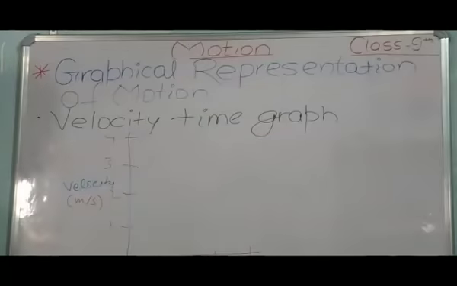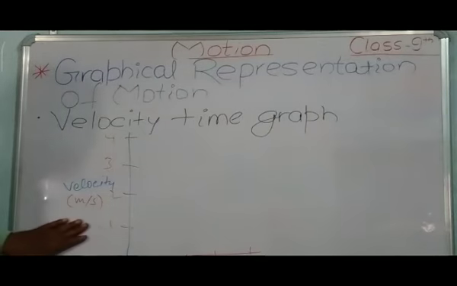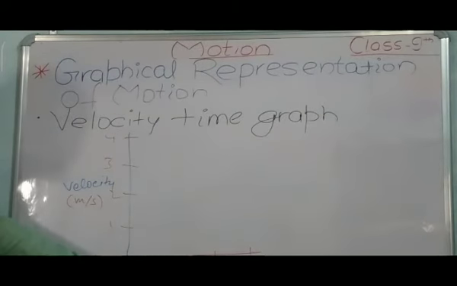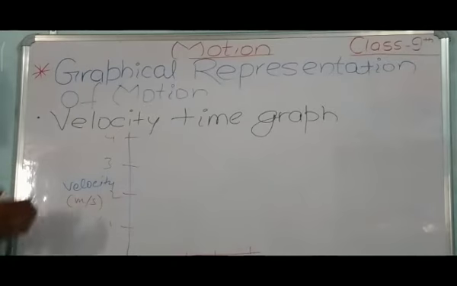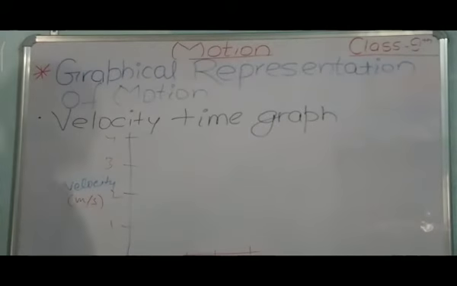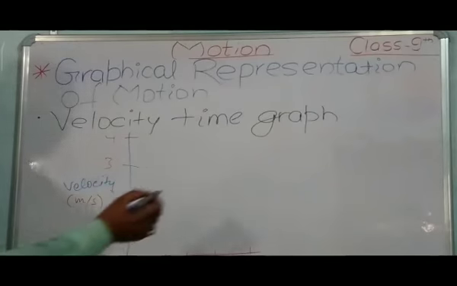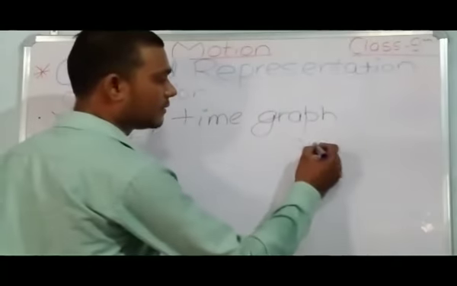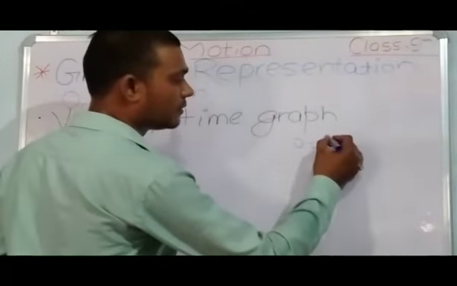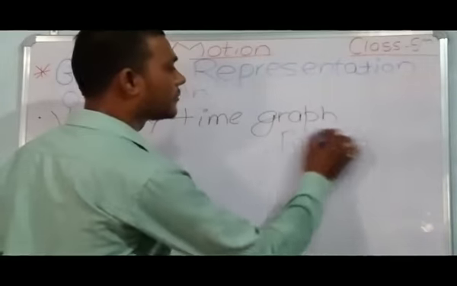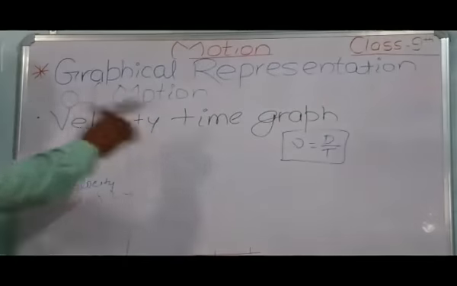So, if we have velocity and time, then what do we find? In the previous graph, we found speed or velocity with the help of the distance-time graph.